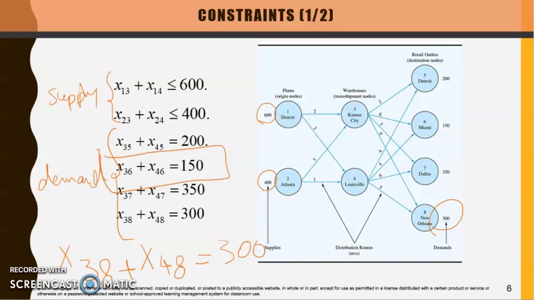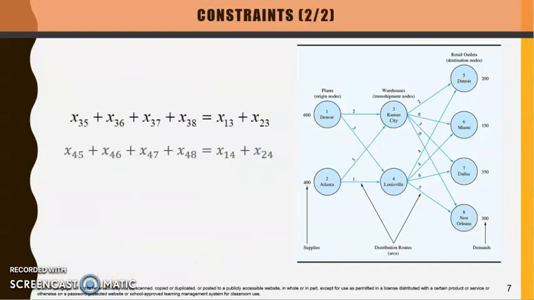After having written all the constraints regarding the supply and demand, it's time to write down the constraints regarding the transshipment nodes. Since we have two transshipment nodes, we will have two transshipment constraints.